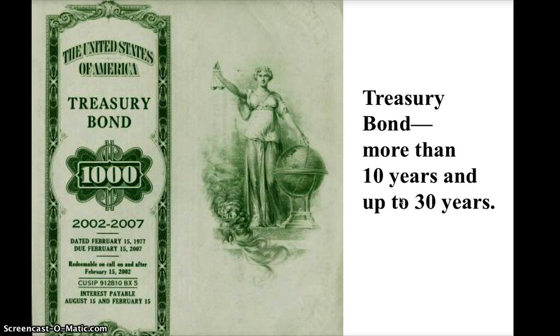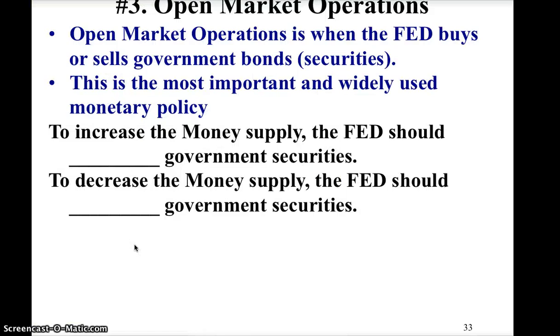And then Treasury bonds last more than 10 years, right? So you can see that this was purchased in 1977 and it's due in 2007, right? And the interest is paid continually throughout, but the bond matures and you can get it back.